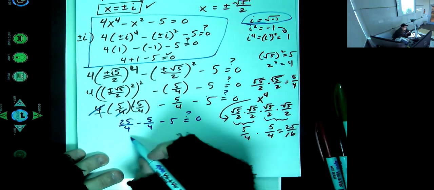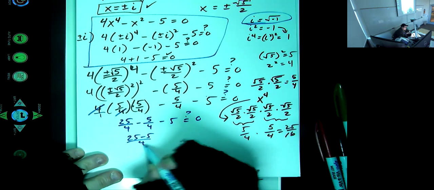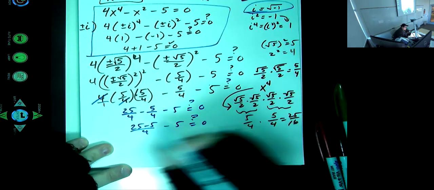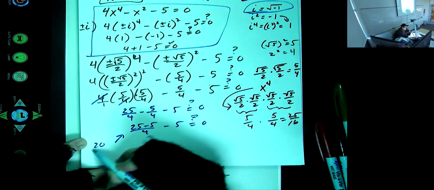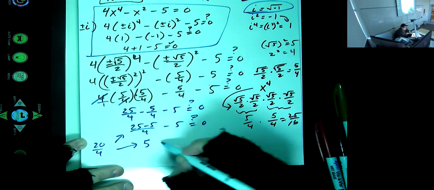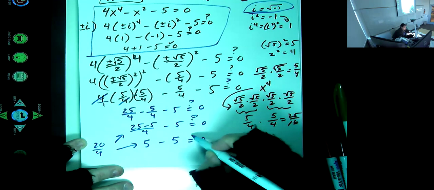Putting them together actually makes this a little easier, because that's 20/4, which is 5. 5 minus 5 does equal 0.